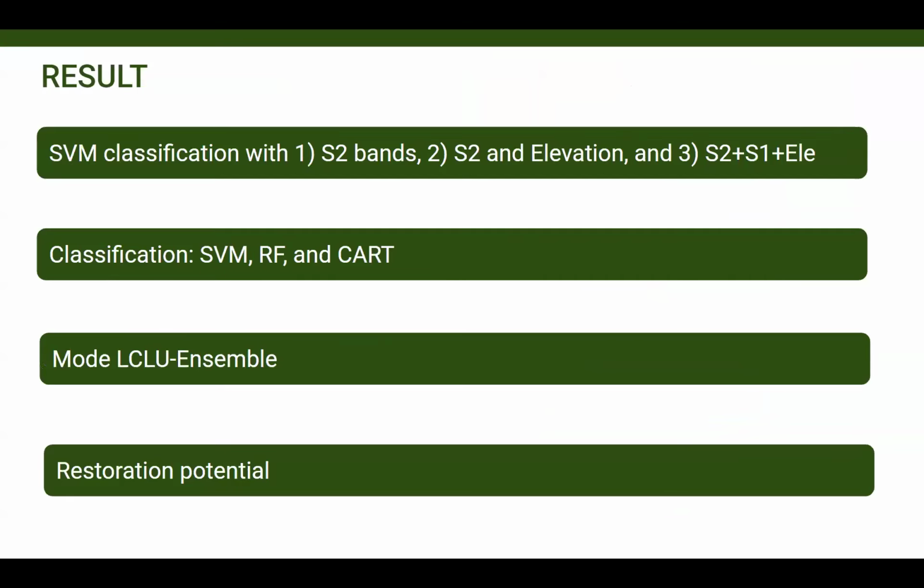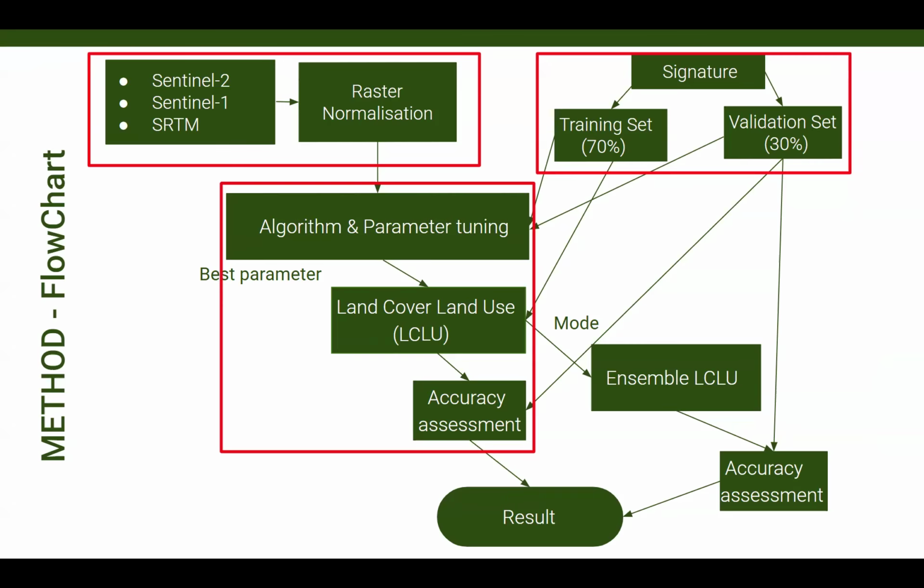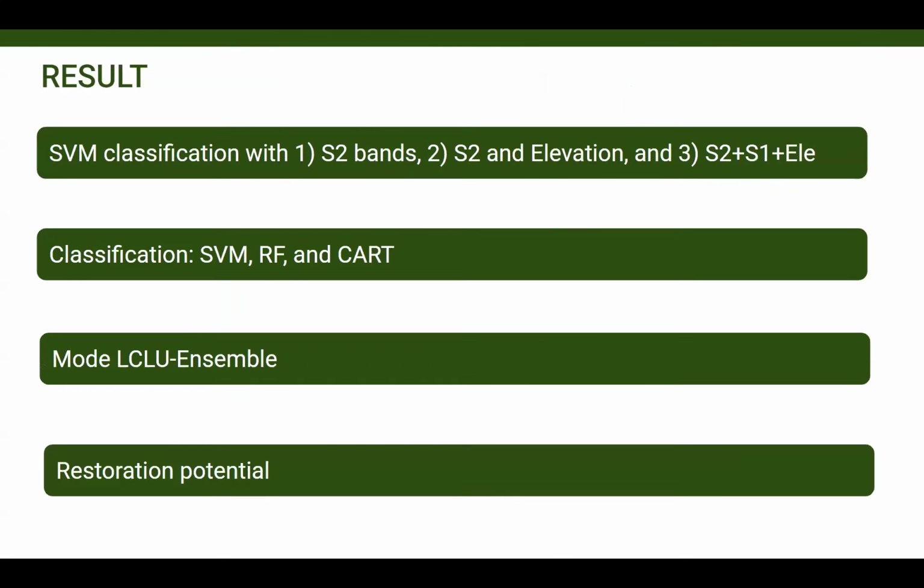I have three land cover land use classifications, one for each algorithm, and I took the mode, which directly fits the ensemble model, combining the results altogether. One may be overfitting, one underfitting, so it's kind of balancing. That's the ensemble model. It's a conservative approach, and that also produces the accuracy and final result.